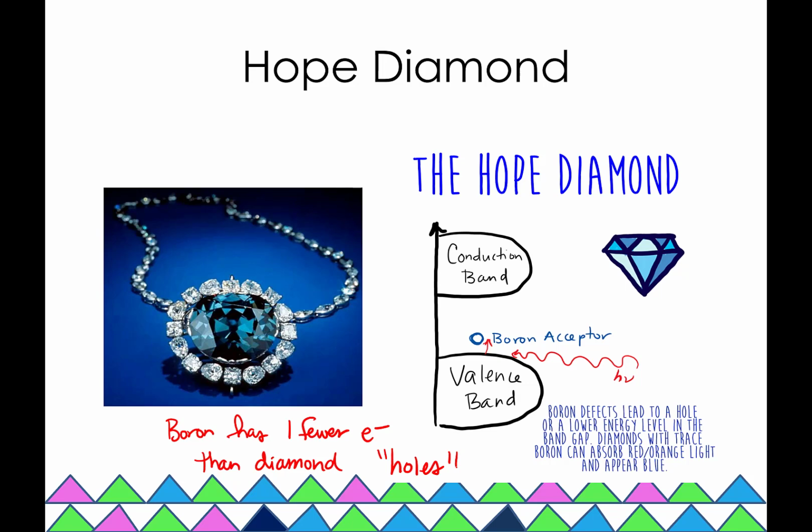So we essentially have these boron acceptors, and you can excite an electron from the valence band to the boron acceptor with red and orange visible light. So boron defects lead to a hole or a lower energy level in the band gap. So diamonds with trace boron can absorb red and orange light and appear blue.